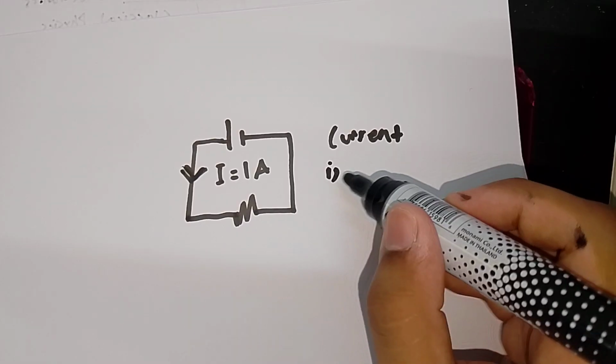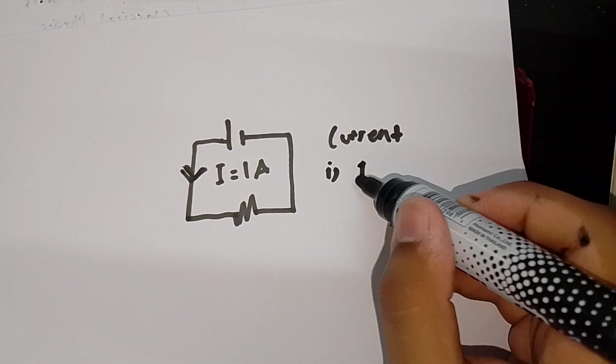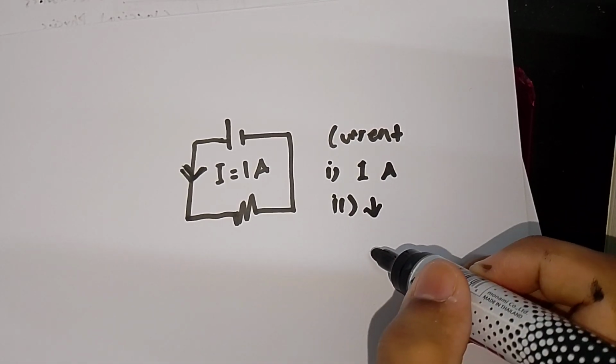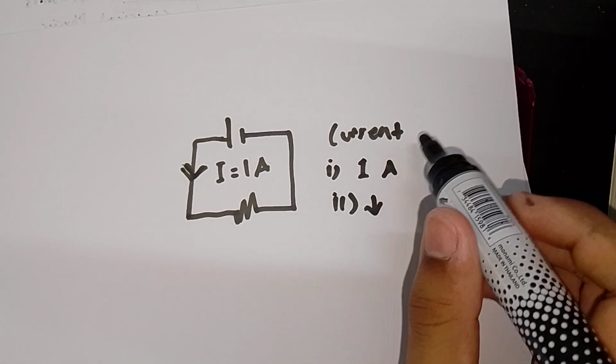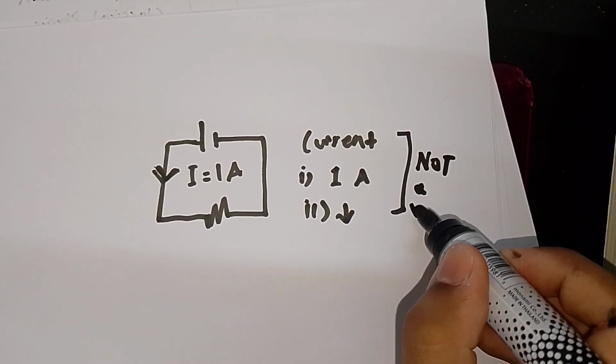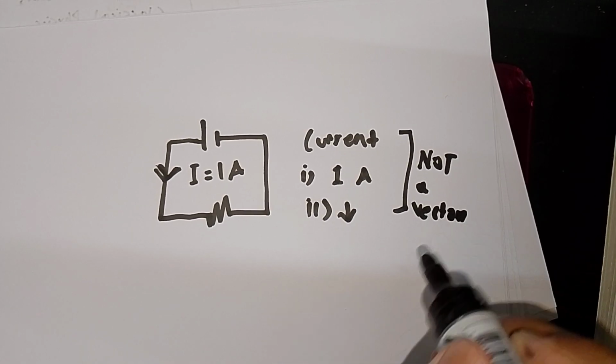So it fulfills both criteria, it has a magnitude as well as a direction. But current isn't actually considered a vector. It's not a vector, rather a scalar quantity.